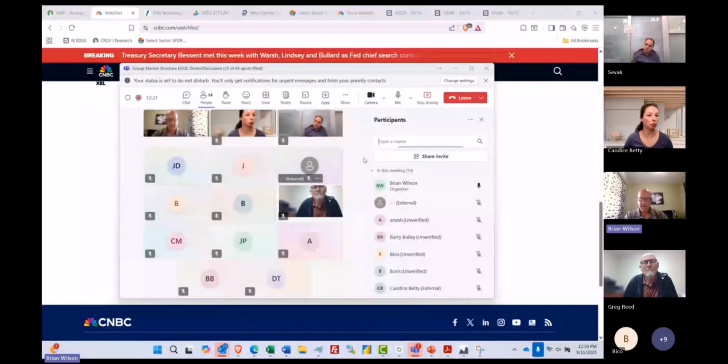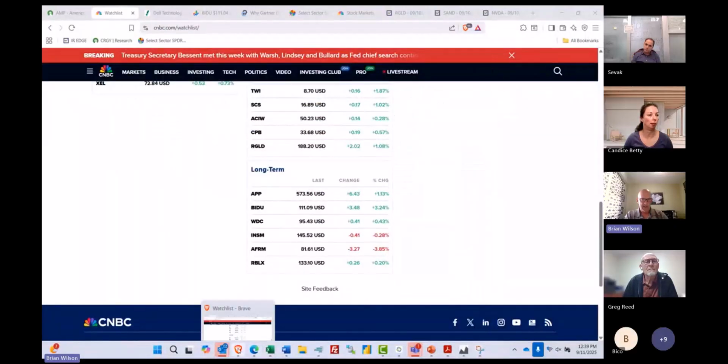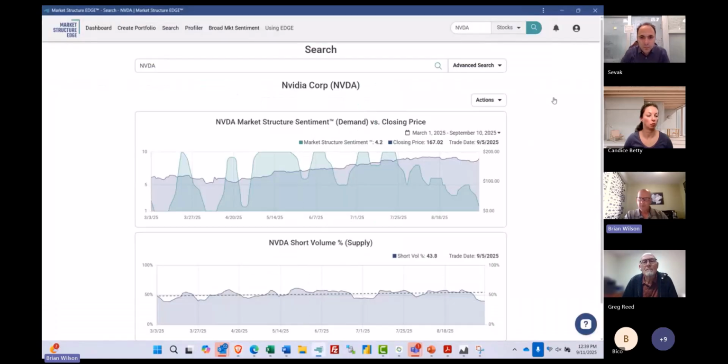I wanted to share with you what's been happening recently with NVIDIA trading, and I brought this up as a topic yesterday. So this is what NVIDIA looks like during the last 6 months. It's been pretty predictable in terms of sentiment and what happens with its pricing.